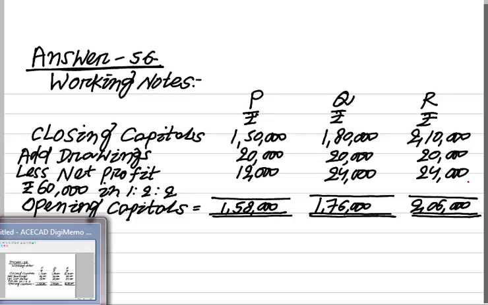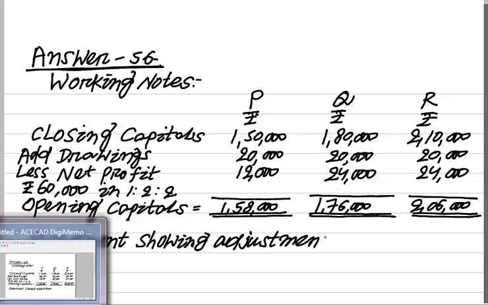Then we have to prepare statements showing the adjustments to be made for P, Q, R and firm. This is a statement showing adjustments to be made in the same working note.